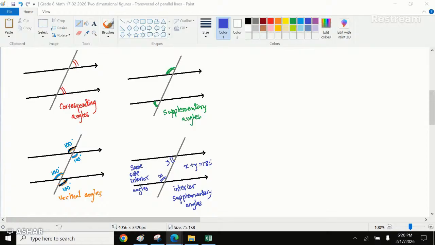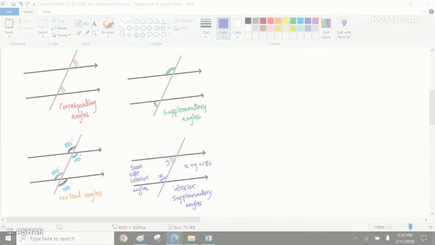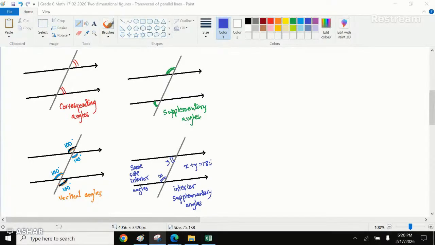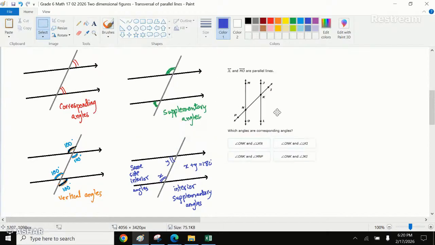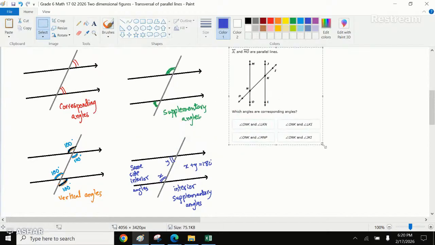For the next question, it says, since we just saw what corresponding angles are, right? And they're asking us which angles are corresponding angles over here.